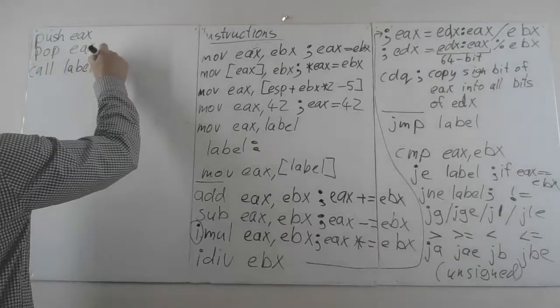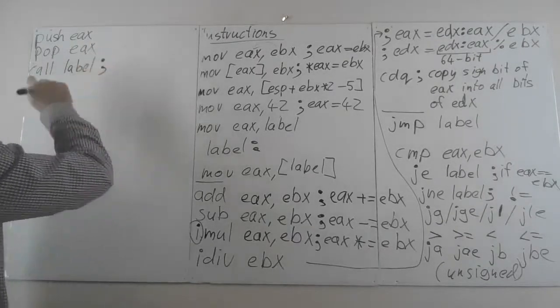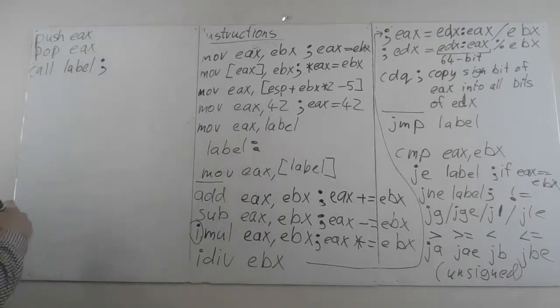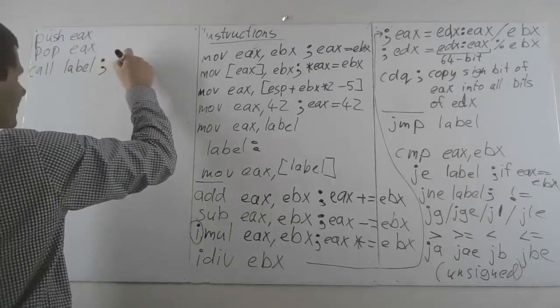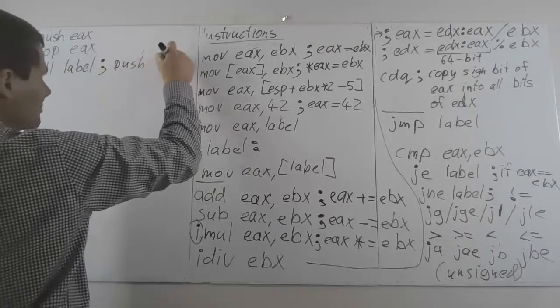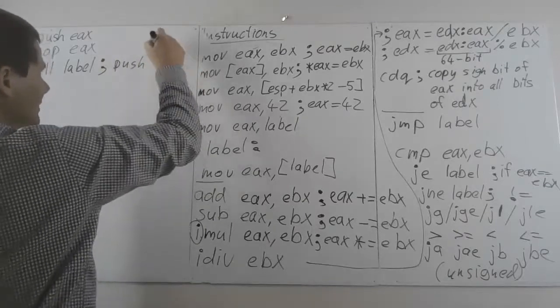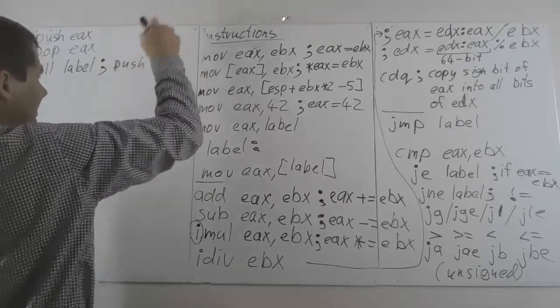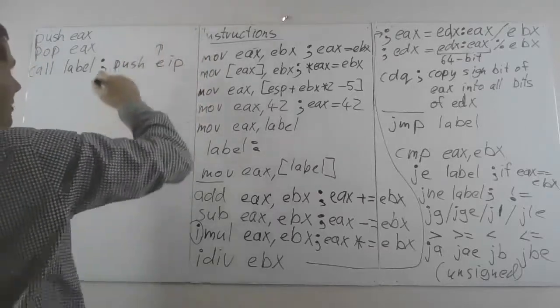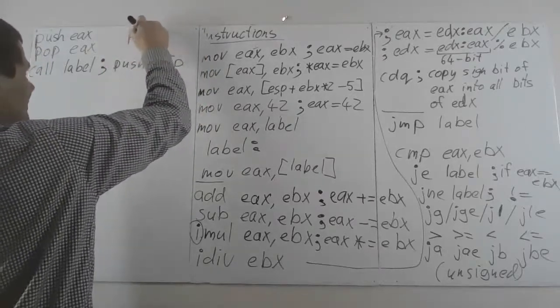But before that, it's going to push the current program counter onto the stack. So it's going to push the EIP. EIP is the x86 name for the program counter.